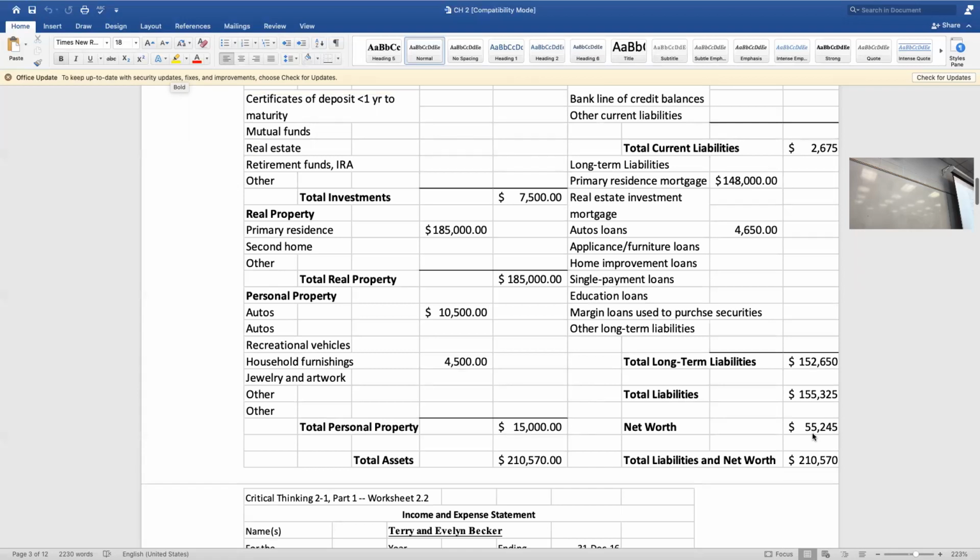So you could have done it. You didn't have to include all these things with zeros, but that's what it should have looked like, whether you did it in Excel or Word or using the worksheet. Any questions? What about the deposit and the money market account and the extra stock loan? They didn't include that, and I added it in.